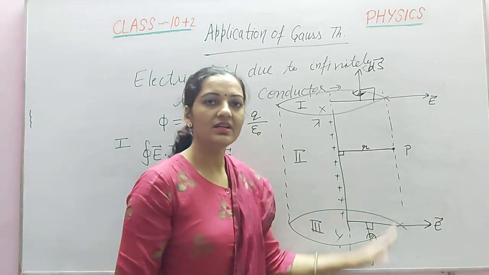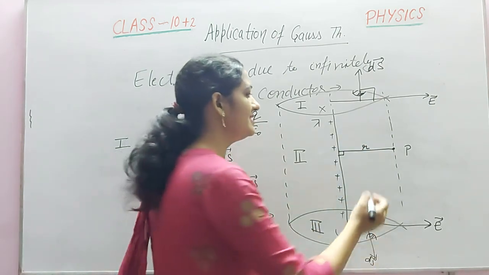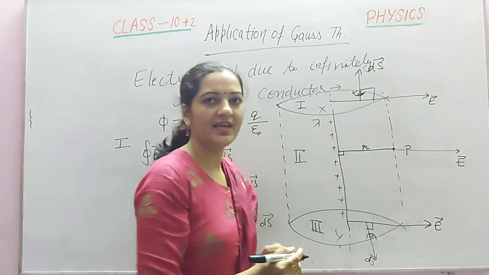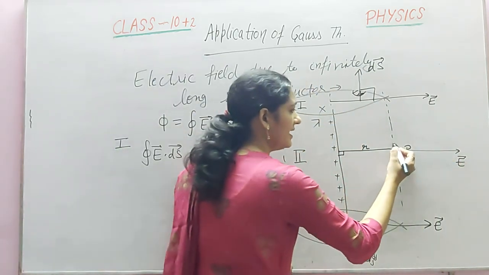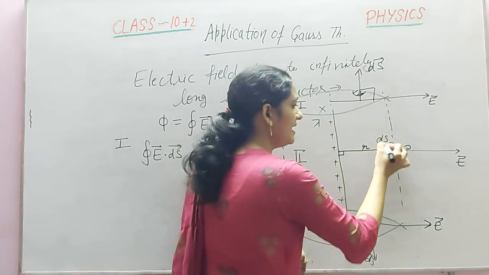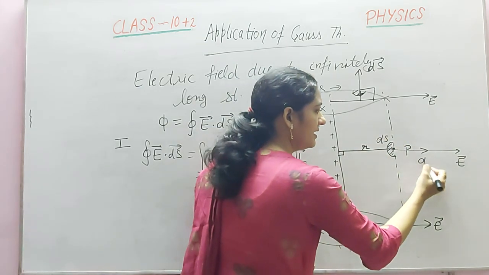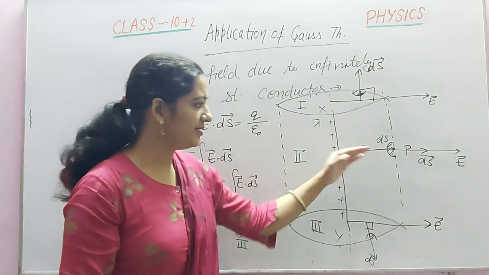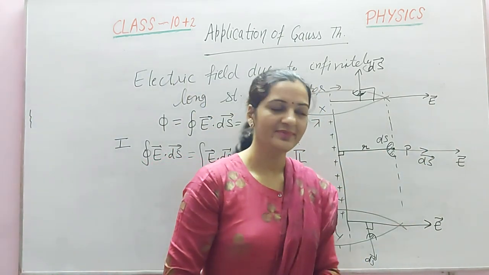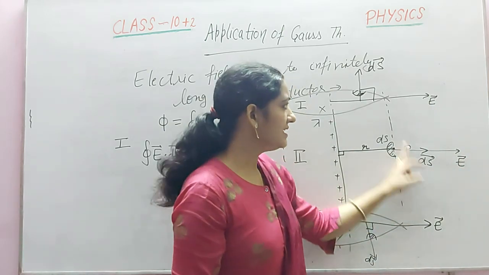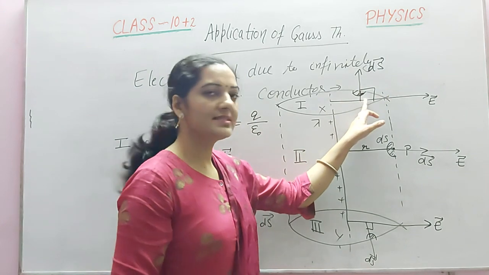Now on the curved surface, E is here. If I consider a small area element about P, that is ds, its direction will be this one. Okay, the area element is always perpendicular, so here it is along E. In this case, the angle between E and ds is 90 degrees.